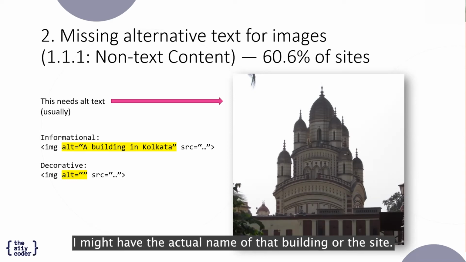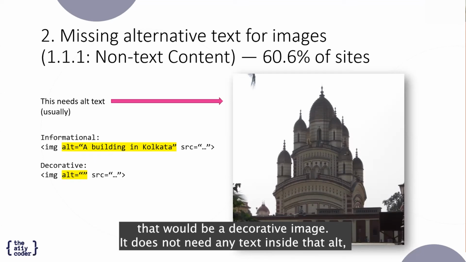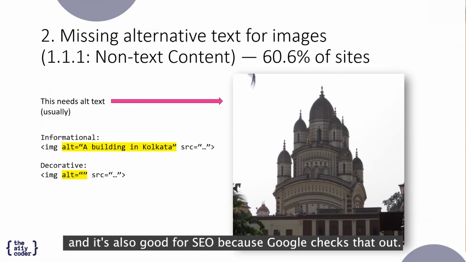I might have the actual name of that building or the site. But if this is just a filler image demonstrating examples of images, or it's just filler for the site, that would be a decorative image. It does not need any text inside that alt, but it still needs the alt attribute. It's vitally important that you still put the alt attribute. And it's also good for SEO because Google checks that now.